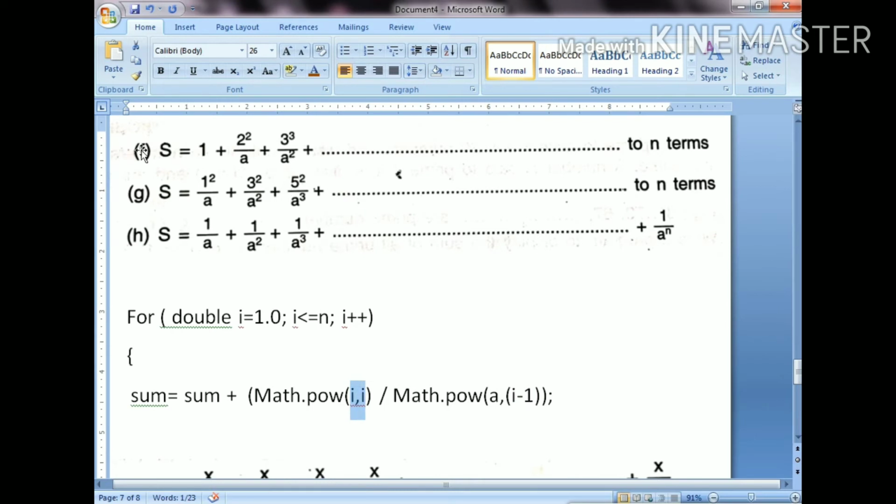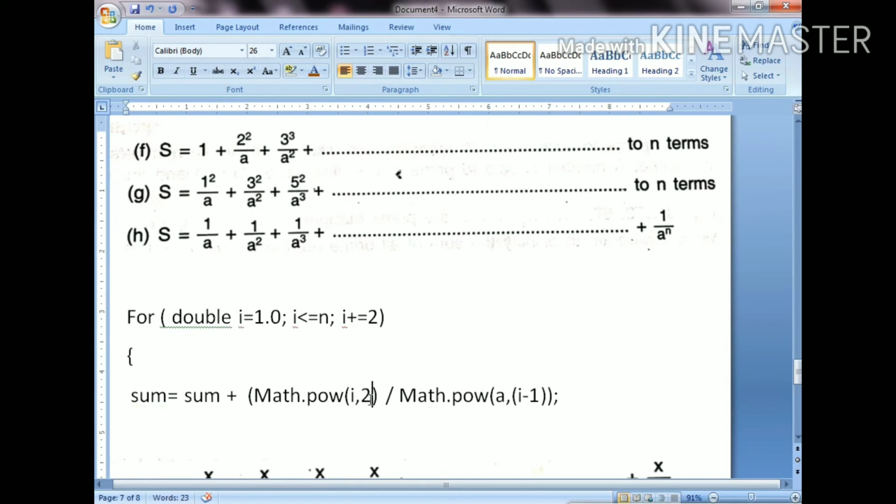Now what about question number G? Here we can see 1, 3, 5 till n. Just use plus equals, and here you have to write Math.pow, just 2, because in every numerator becomes square. That means numerator become I and 2 becomes the square value.